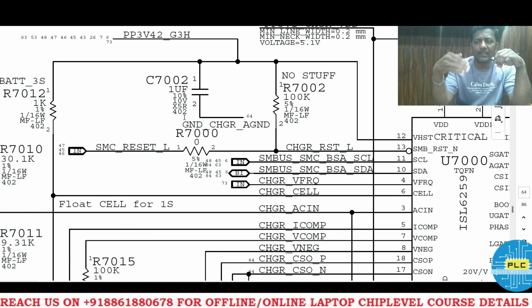Here, if it is floating, I already made a video regarding this, what is floating and what is high and what is low, previously, right? In the previous video you can check those things. If it is floating, it's not high or not low, in that condition what will it sense? It will sense the battery is single, meaning a single cell battery.